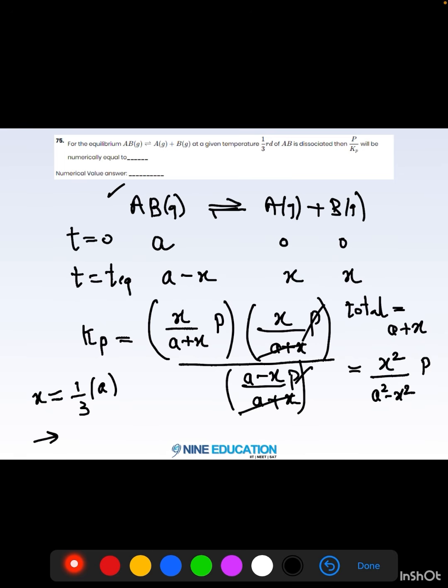So from here I can say that a will be equal to 3x. When you substitute this value here, x square divided by a square, 3x whole square, 9x square, minus x square, so x square divided by 8x square, it will simply come as 1 by 8 into P, and here it will be Kp. So P by Kp will simply be equal to 8. So here the answer should be equal to 8. This would be the final answer.